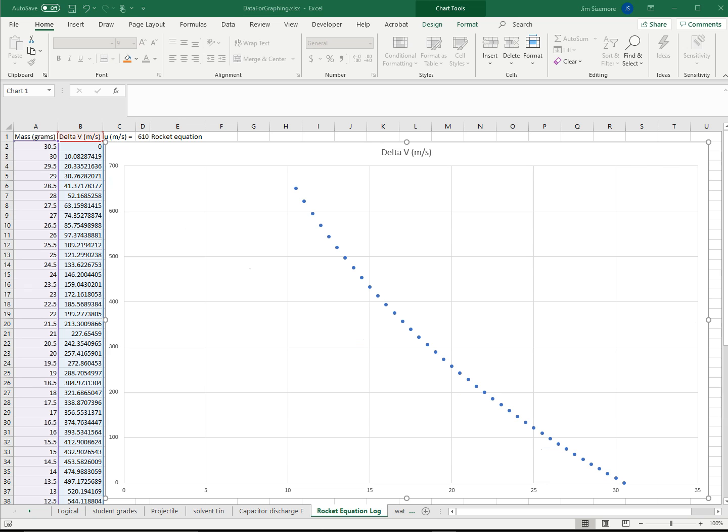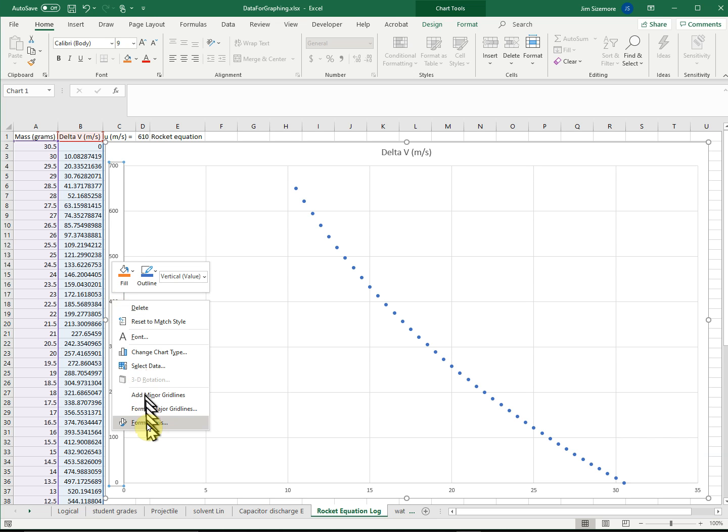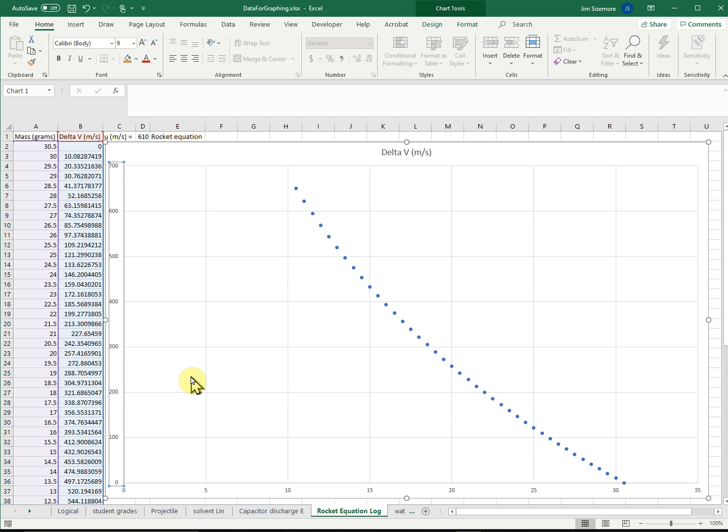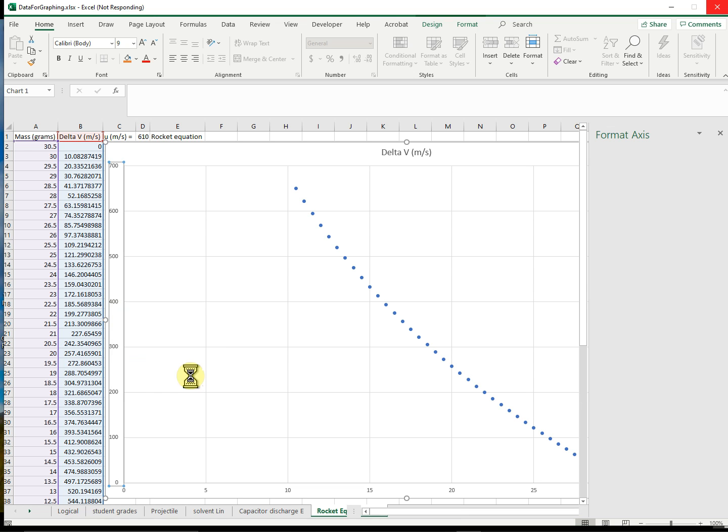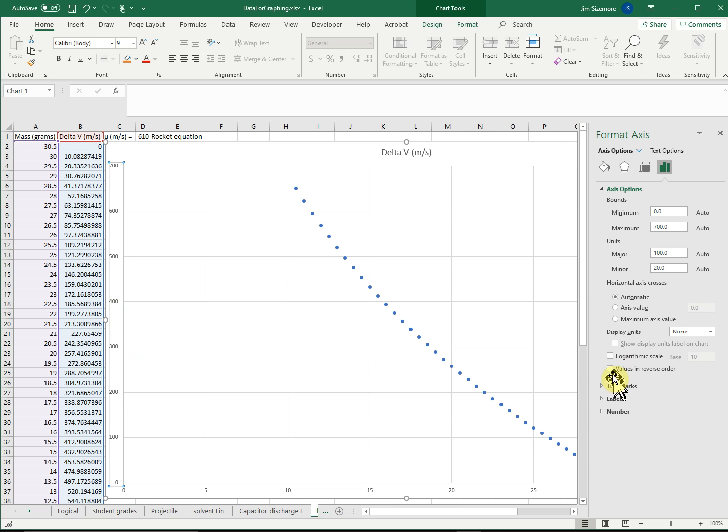Okay, let's take a look at the rocket equation. Here's the data for that. And do the same kind of technique. Ask what happens if we change the scale on the y-axis and make that a logarithmic scale.